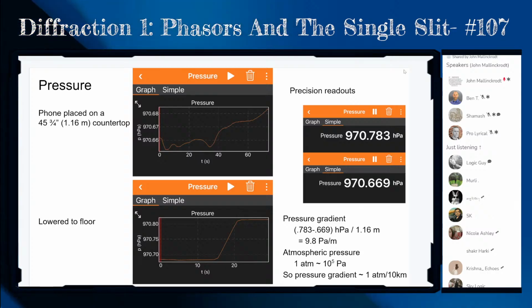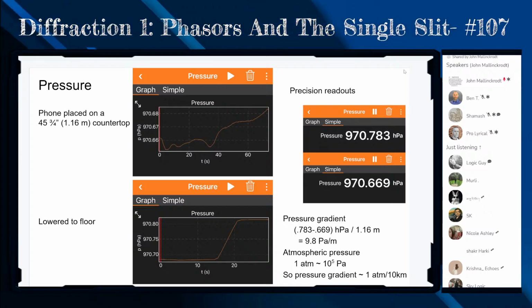All those numbers, 970, are close to 1,000. So in some sense, that variation is really at the 1 part in 10 to the 6th level. Is that right? 1 part in 10 to the 6th. I think that's right. Very small variations.